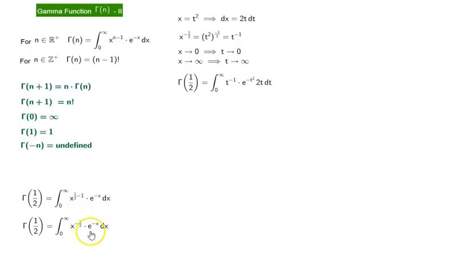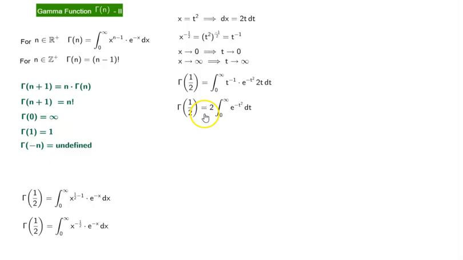Then we have e to the power of minus x, which will be e to the power of minus t square. Then dx, which is 2t dt.